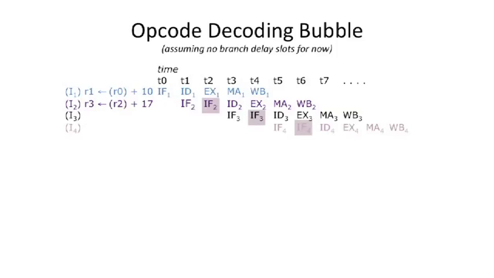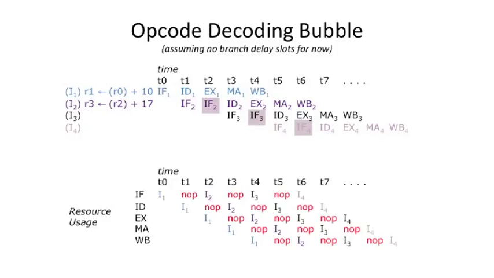Now, if we play this forward for more instructions, you're going to realize this is not very efficient. Every instruction that goes down the pipe is going to hit a control hazard, and every instruction is basically going to hit this decoding hazard. And every instruction now takes 2 cycles. So your clocks per instruction for this is not going to be very good. Let's analyze that. We can draw this in the other pipeline diagram axes and see what's happening here.